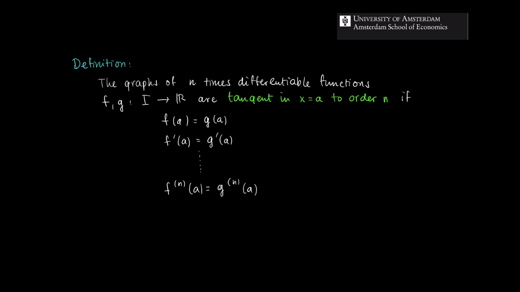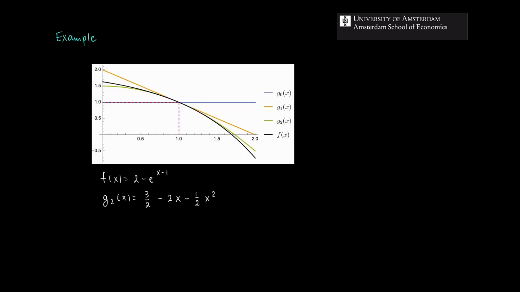Then we will call the graphs of f and g tangent in x equals a to the order n if the function values are the same, the first order derivatives are the same, the second order derivatives are the same, up to the nth order derivatives.